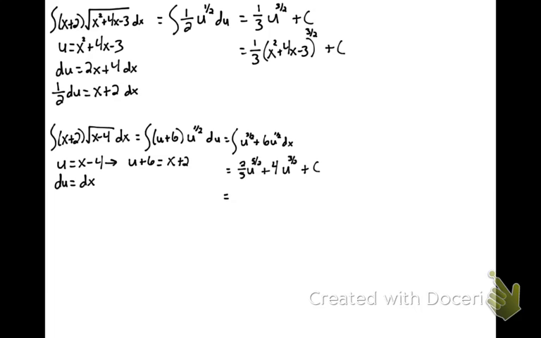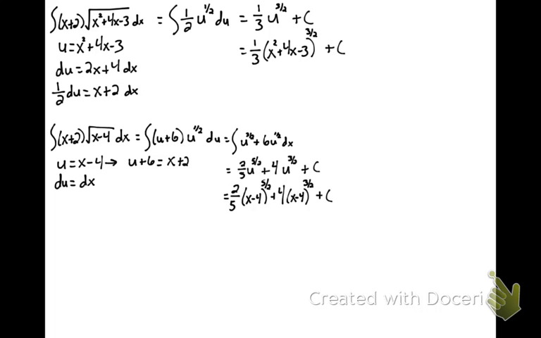So again, this is 2/5, and remember that u equals x minus 4, so I've got x minus 4 to the 5/2 plus 4 times x minus 4 to the 3/2 plus c.